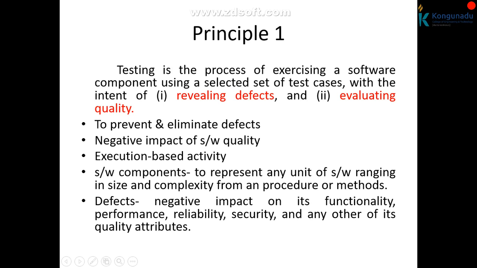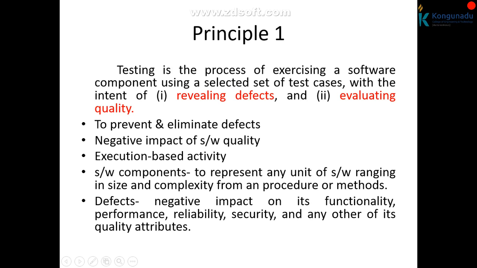It also supports the separation of testing from debugging, since the intent of the latter is to locate defects and repair the software. The main term is software component. It is used in this context to represent any and every software system.